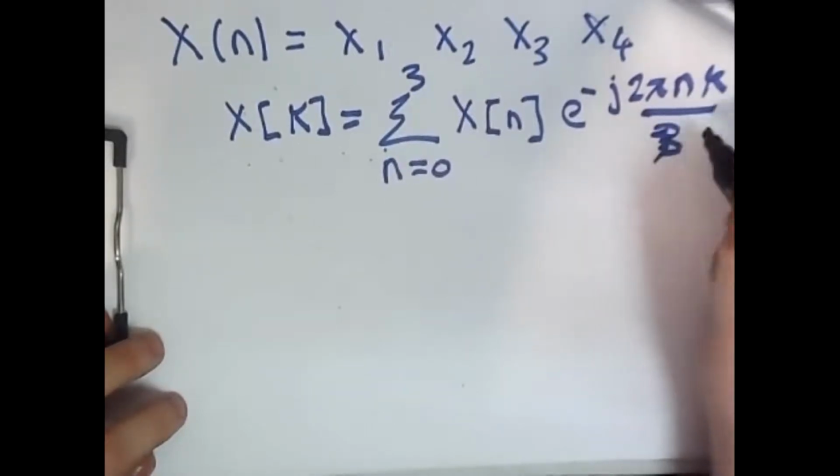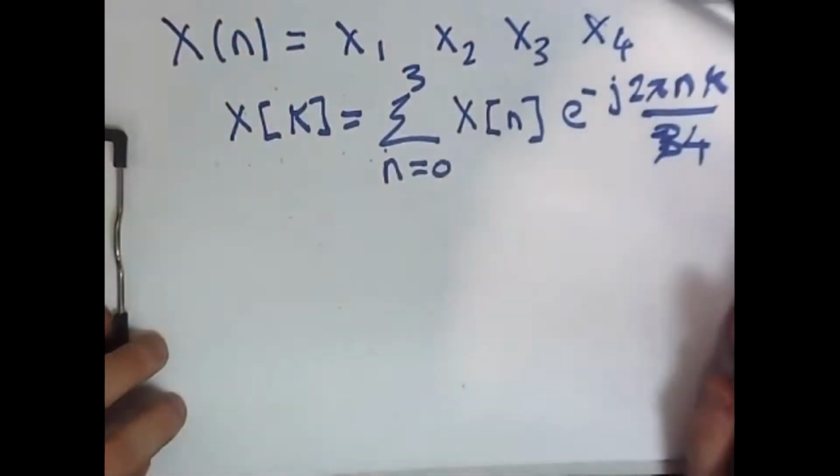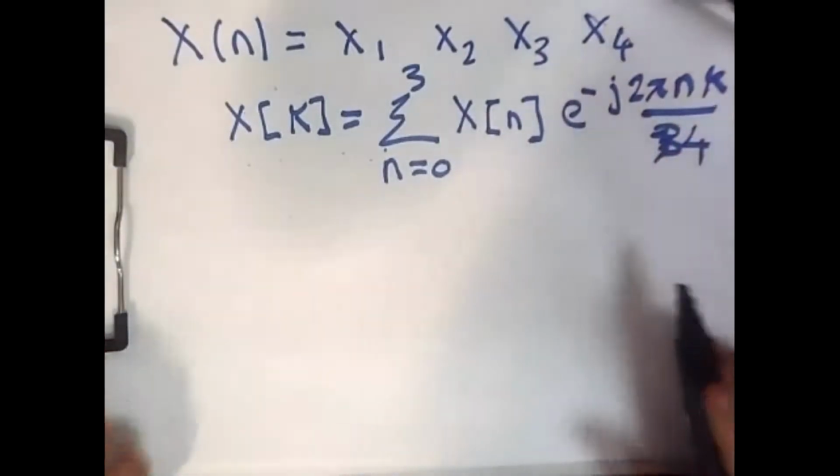I'm sorry, over 4. This is the N capital, or the samples per period.